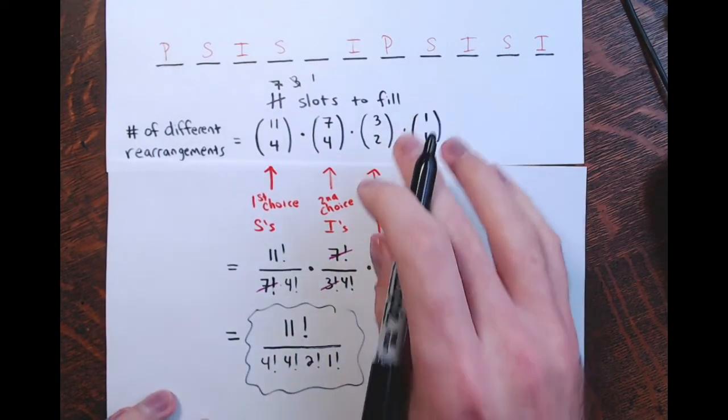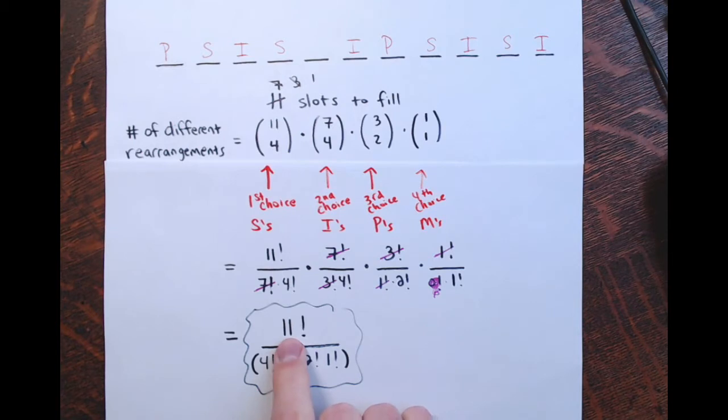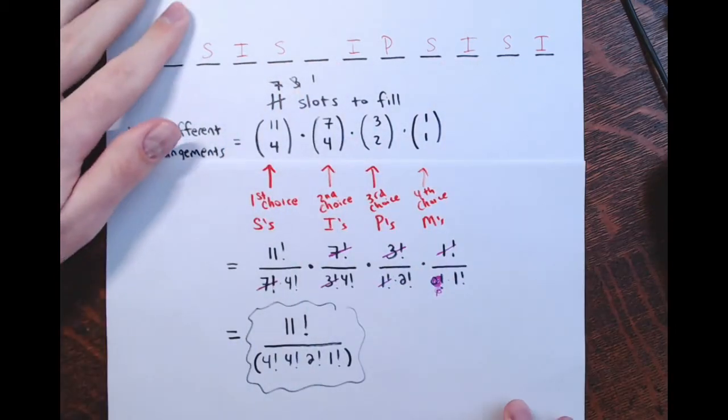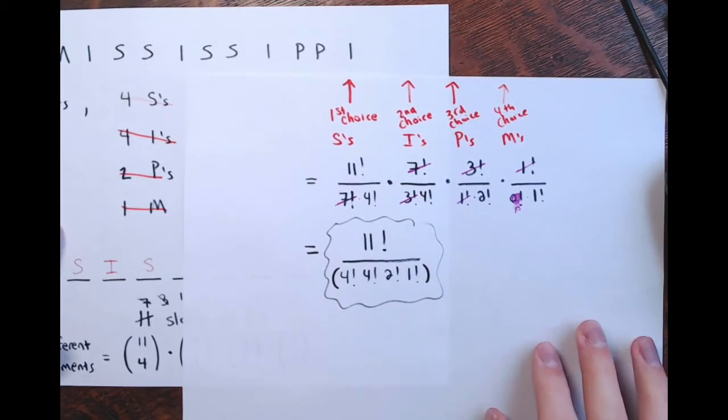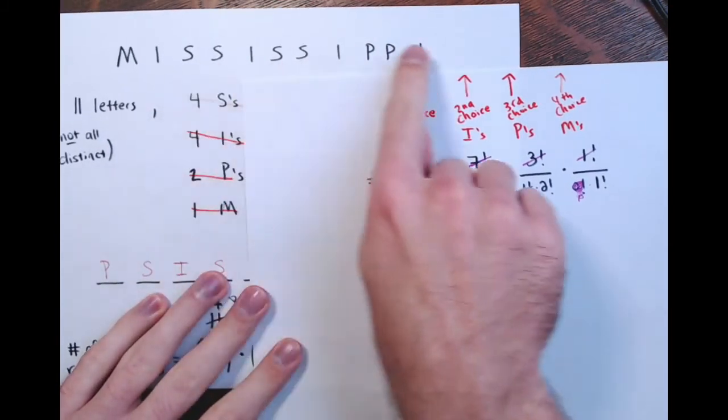Now if you're typing this into a calculator, you have to put all this in parentheses down here, right? Now, 11, the numerator factorial, that was the number of letters I had. 11 was the number of letters I was rearranging.